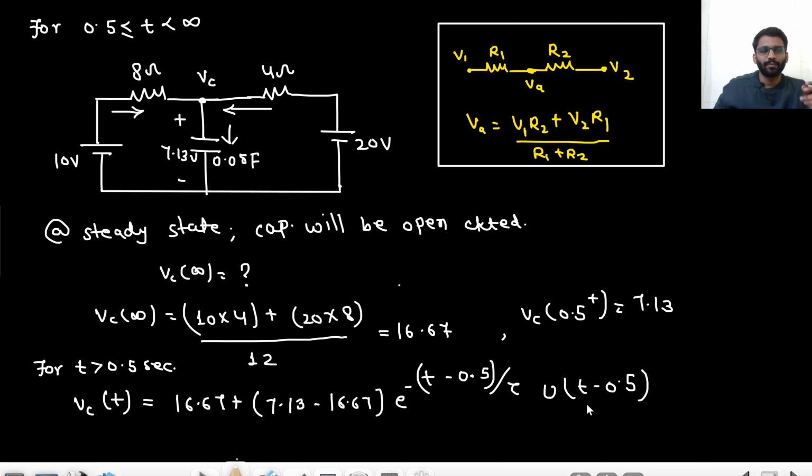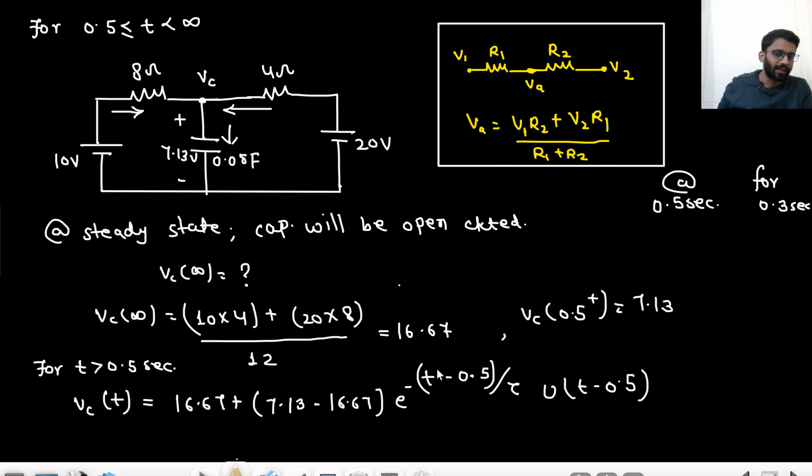Let's just assume the switch is closed at 0.5 second, but it is closed for 0.3 second only. So what would you want to put here? 0.3, right?